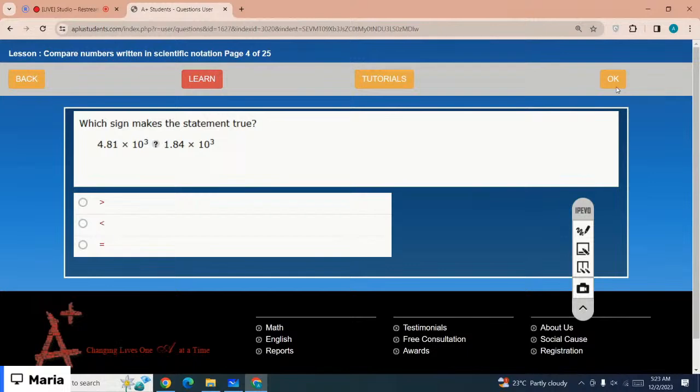Yes, obviously 4.81 is greater than 1.84, right? So the correct option is greater than.